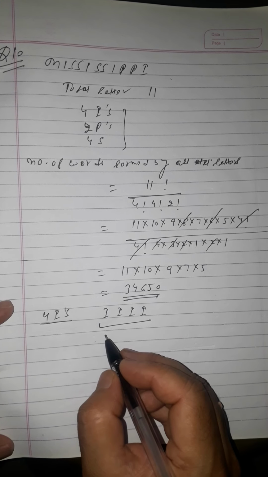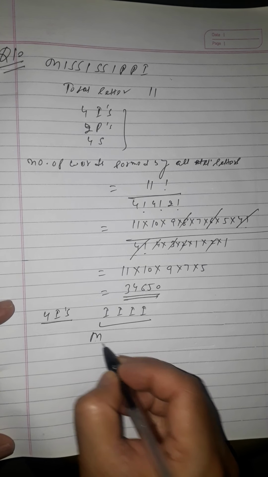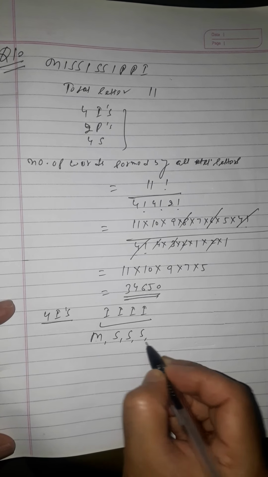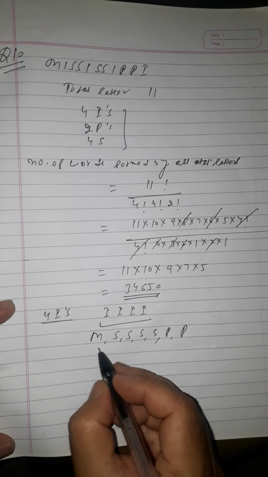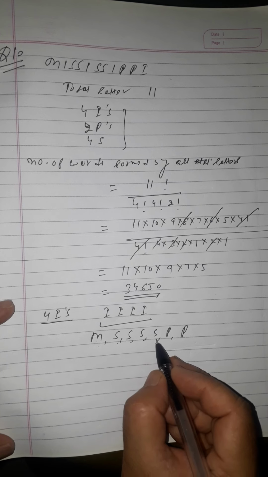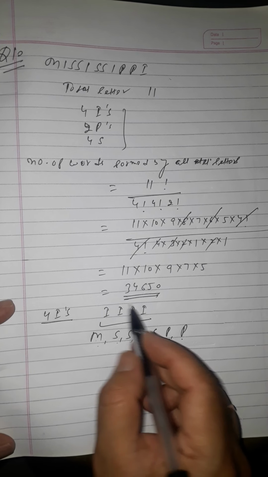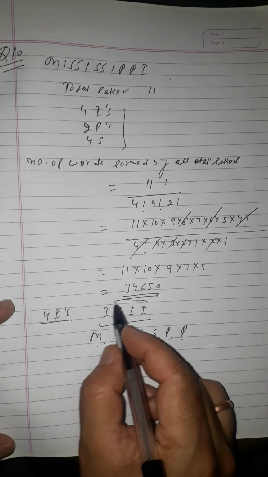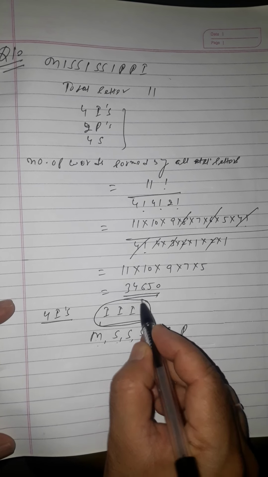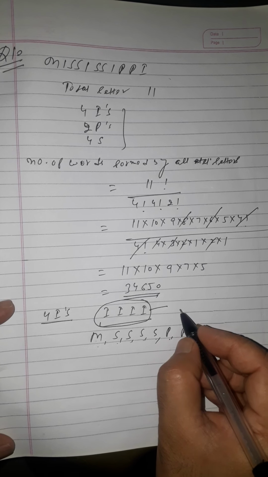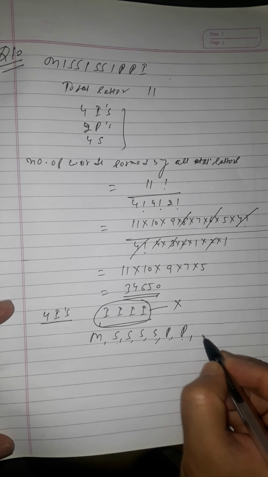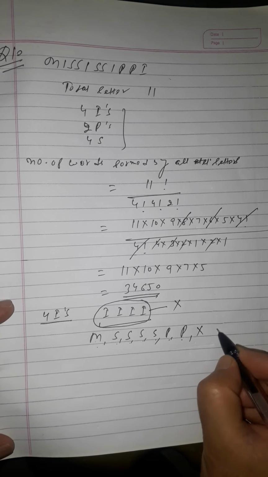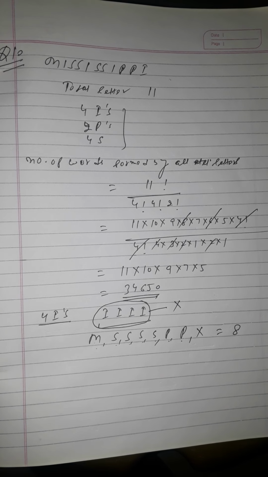And the remaining letters that we have left are 4 S's, 2 P's, 1 2 3 4 5 6 7. 7 letters are these, and all the 4 I's will be together. This is a new letter, if we can say. This letter is X, a new name I have given, so here we will write this X. Now the total letters we have are equal to 8.